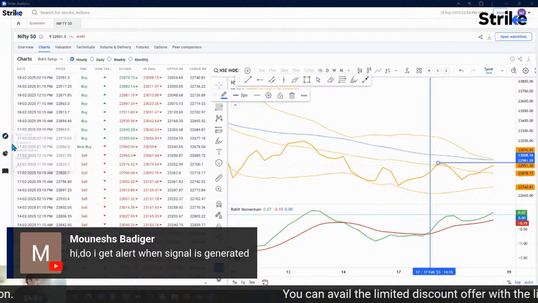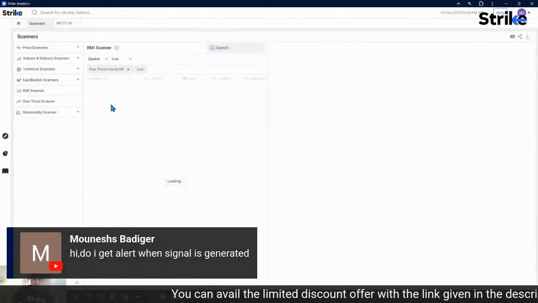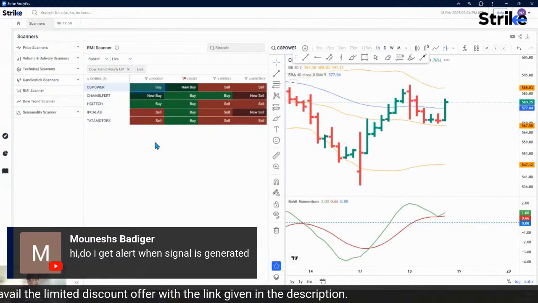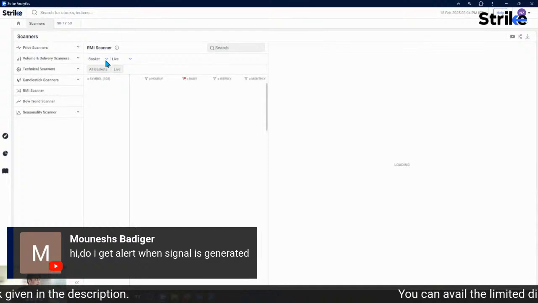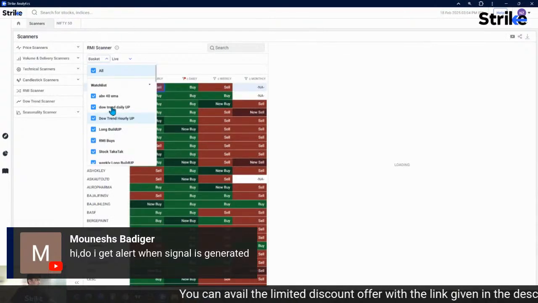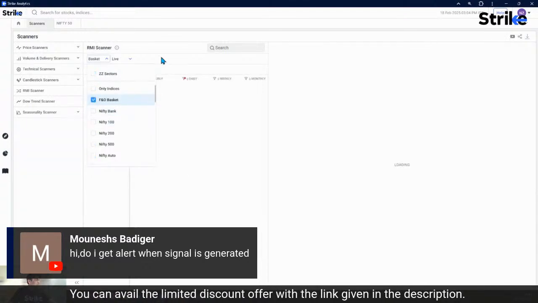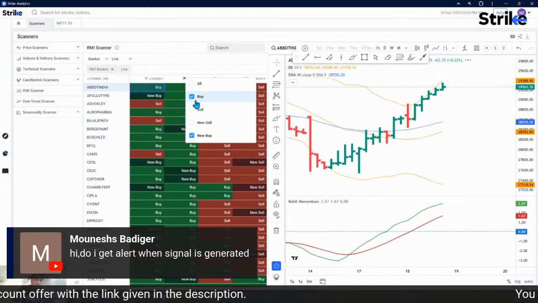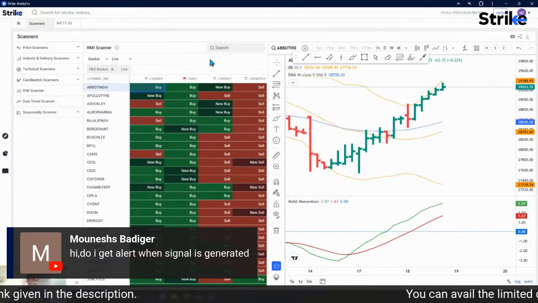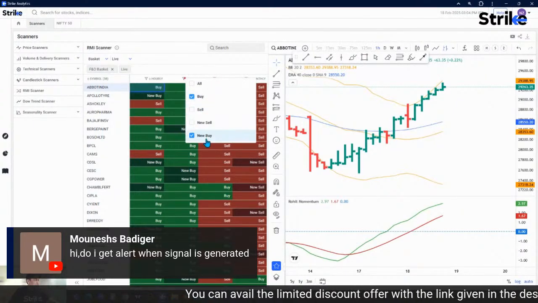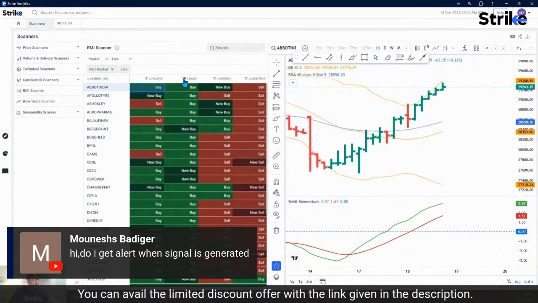Now, going back to the scanner part. In this particular scanner, let's say I want to find stocks in the F&O basket. Let's assume I'm a short-term trader. As a short-term trader, I will say that I want stocks which are in buy mode and new buy mode on the daily time frame chart.